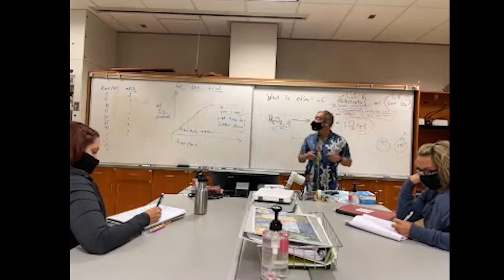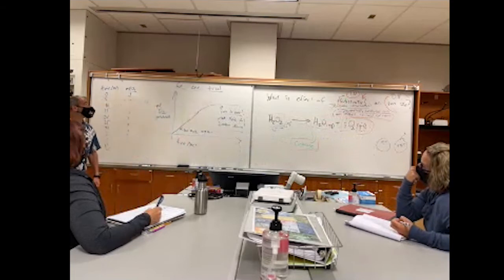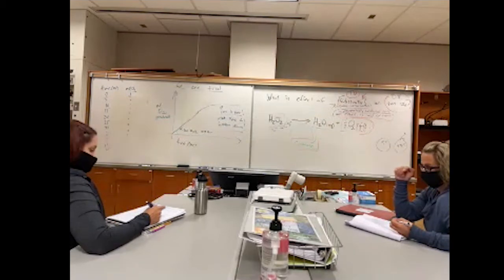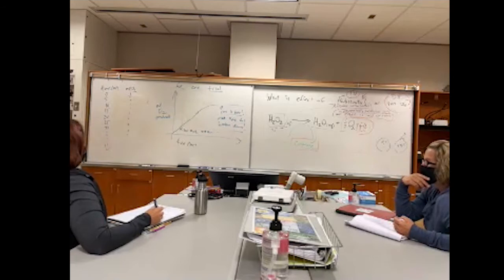So let's say I run it with 2 mL of hydrogen peroxide and only 3 mL of water. What am I going to expect from some of your hypotheses? If I increase the substrate concentration, what would probably happen? Faster reaction. If you have a faster reaction, its rate is going to be faster.